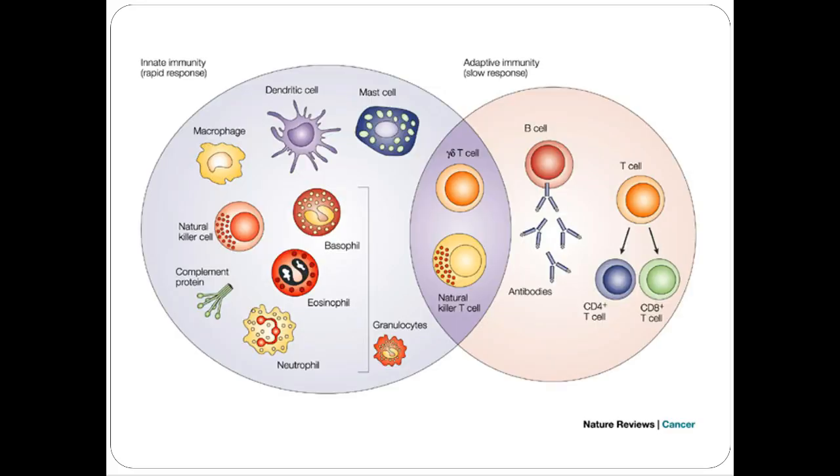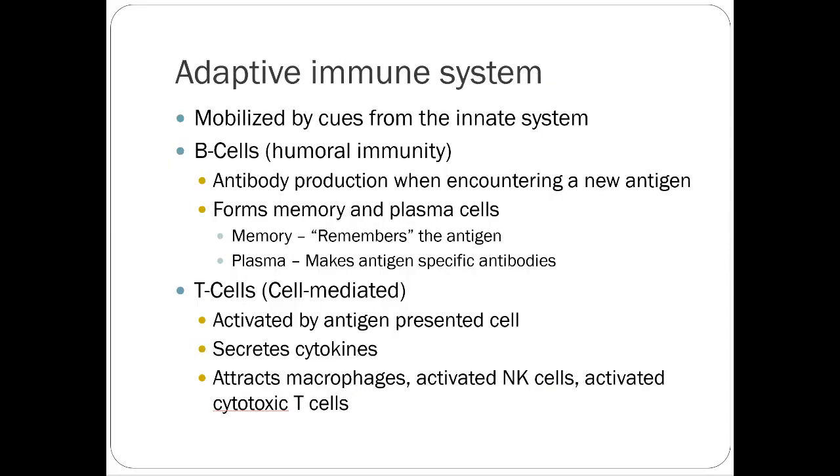Now, our adaptive immunity is our slow response. So this is our B cells and T cells. And these are going to be mobilized from cues from the innate immune system, and they're going to provide either humoral or cell-mediated immunity. Again, not going to go through a ton of information about this, but basically you have a learning system here in place, right? That your B cells can form memory, remember is a loose term, right?